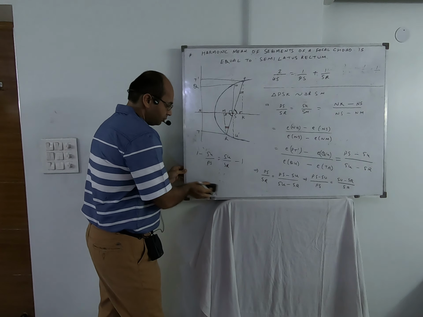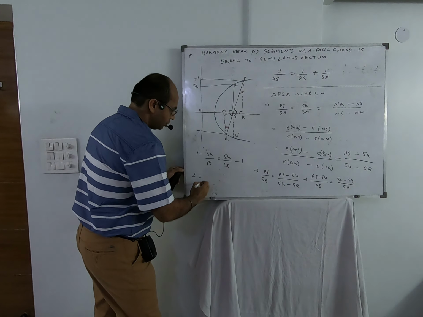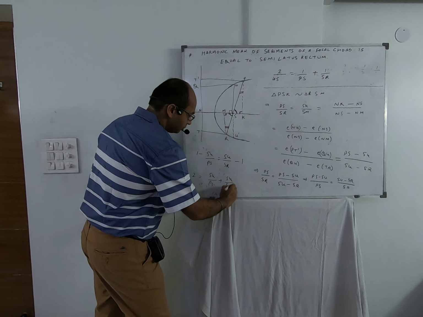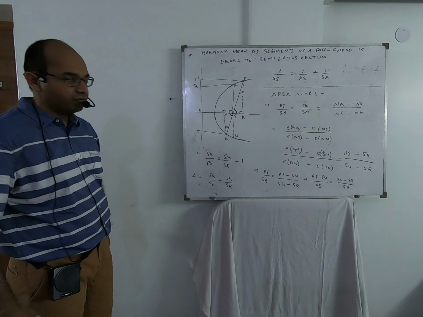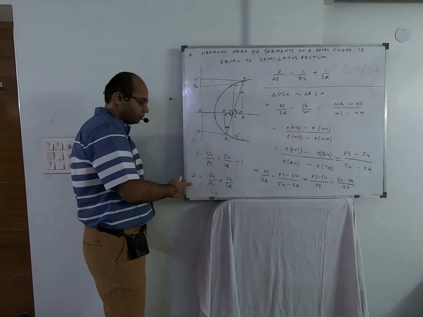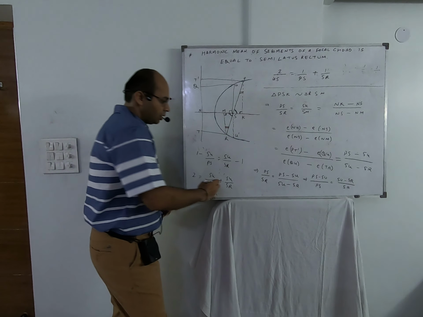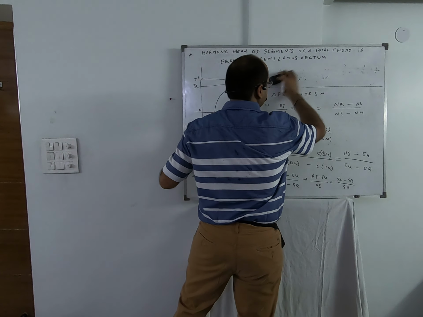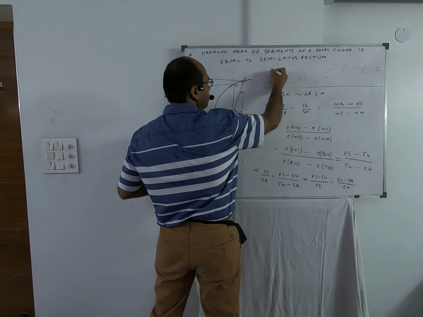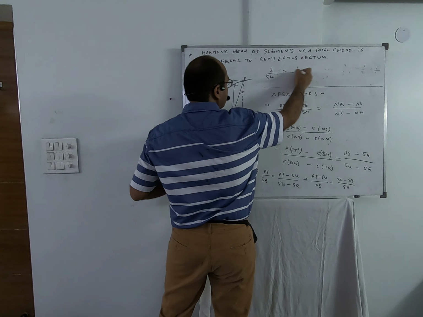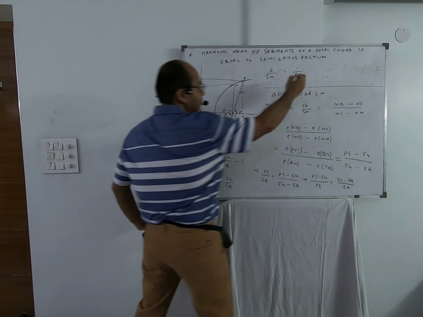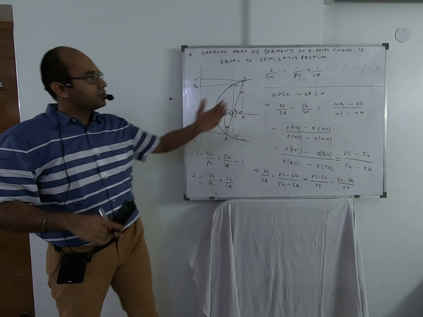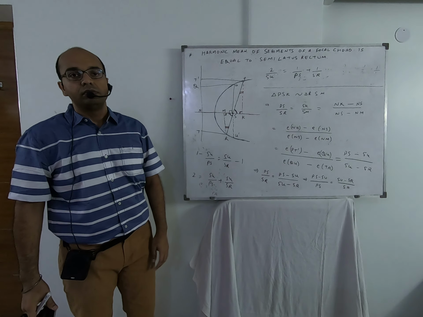This gives me the result 2 is equal to SU over PS plus SU over SR. If I divide by SU, I can also write this expression as 2 over SU is equal to 1 over PS plus 1 over SR. And this is precisely the expression that we had to prove.